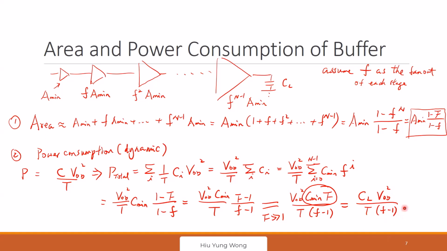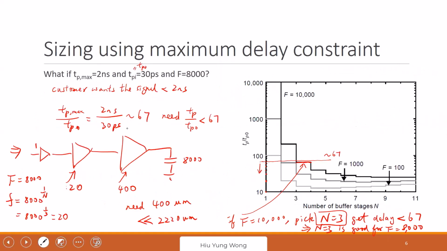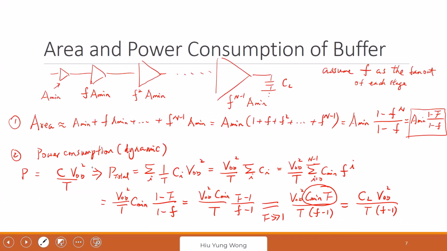Okay, so this is very important in the sense that you have some analytical equation. You know how to optimize the shortest path already. And then you also learn how to meet the constraint so you have a smaller area. We still all assume they have the same F. And then for the given N, given F, you then have the equation for the area and also the power consumption.